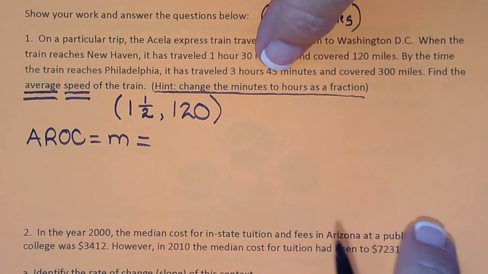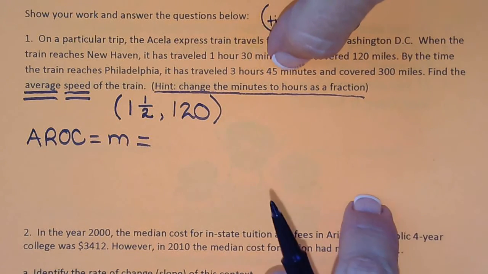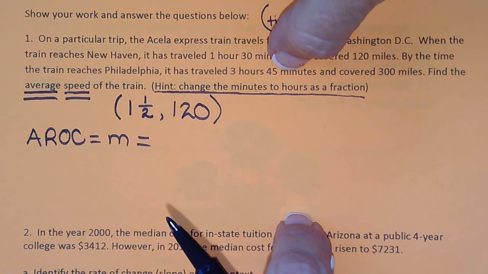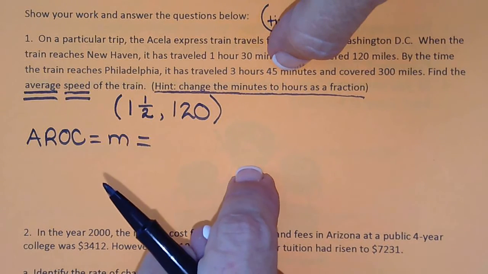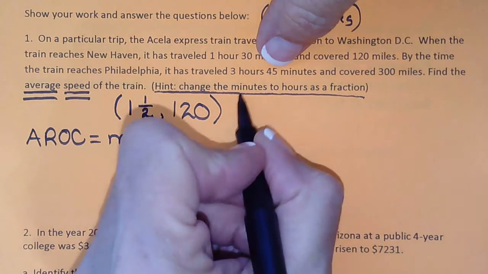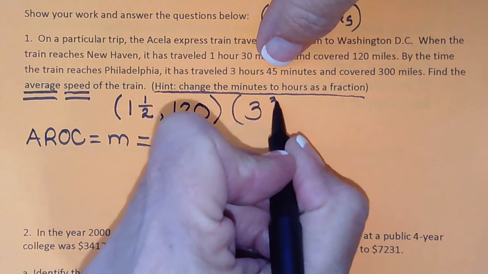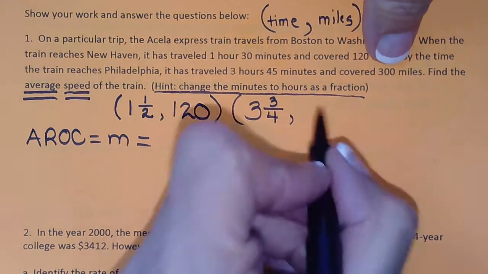So does everybody know that's 3/4 of an hour? Right? 15 minutes is 1/4 of an hour, 30 minutes is 1/2 of an hour, 45 minutes is 3/4 of an hour. So this would be 3 3/4, comma, 300.